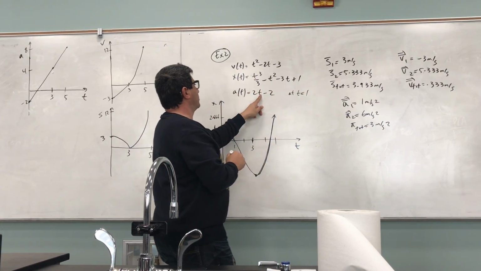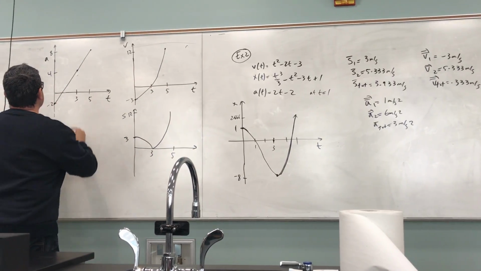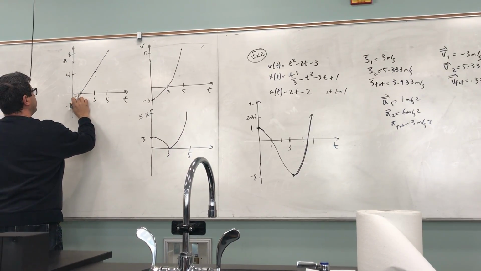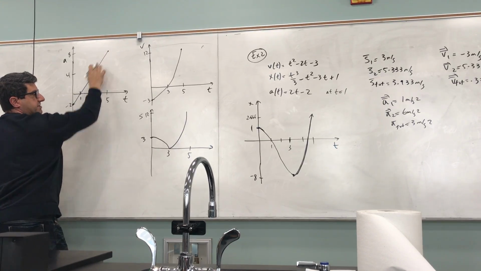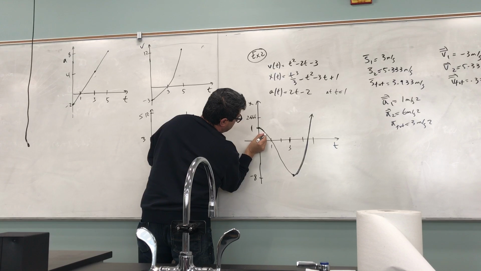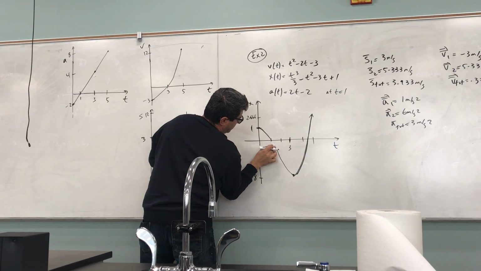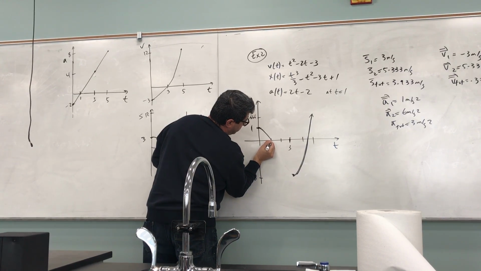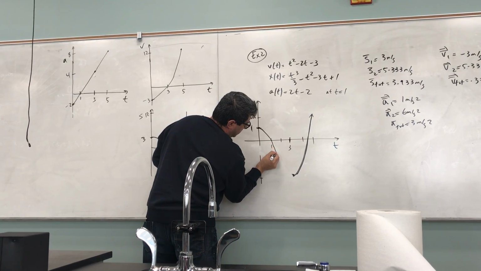From here to 1, the acceleration is negative. After that, the acceleration is positive. So the concavity is going to be concave down up to that point. Then there's an inflection point, and from this point on, it becomes concave up.